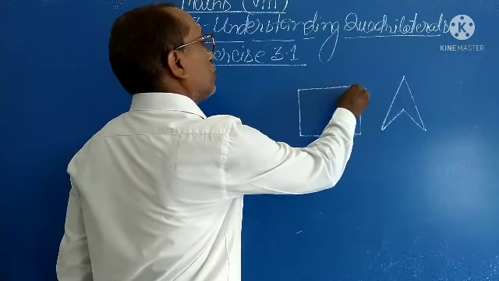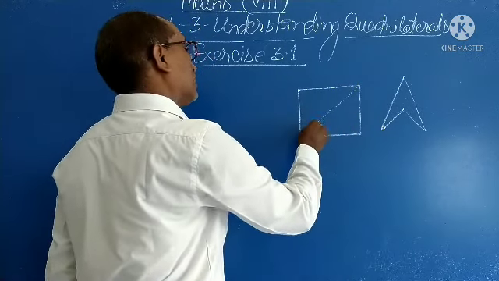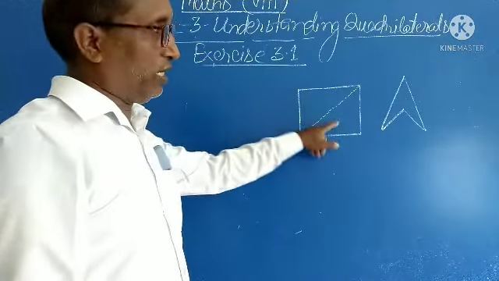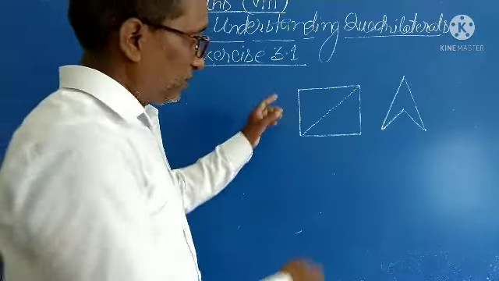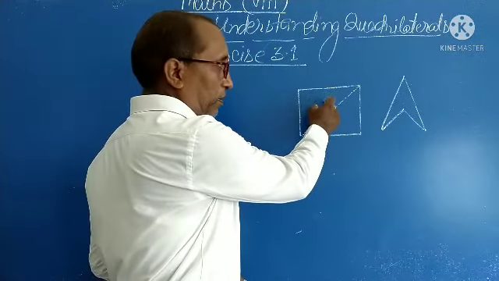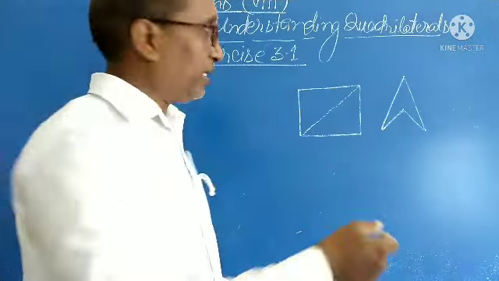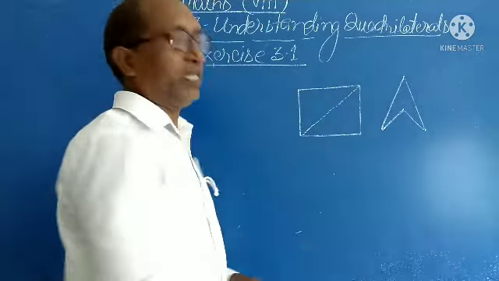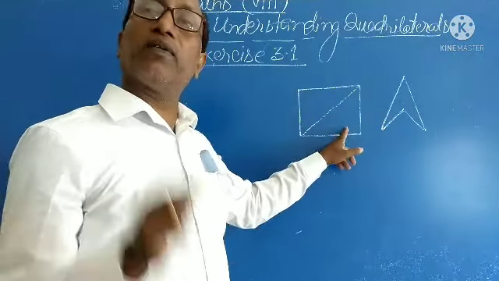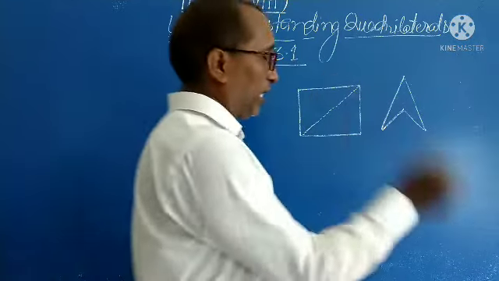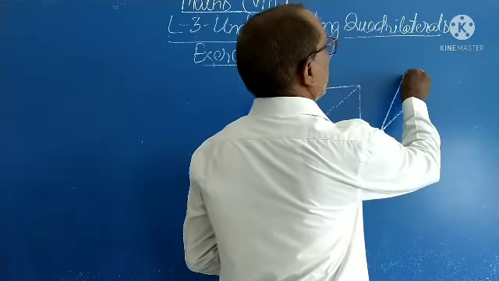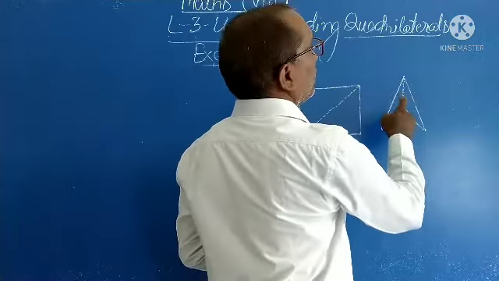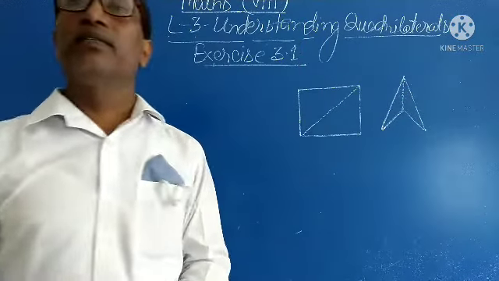Both are divided into two triangles. When you draw the dotted line, you get two triangles in the convex quadrilateral. The angle sum property of a triangle is 180 degrees. This means 180 plus 180, 360 degrees in a convex quadrilateral. In a concave quadrilateral also, you draw a dotted line, you get two triangles.